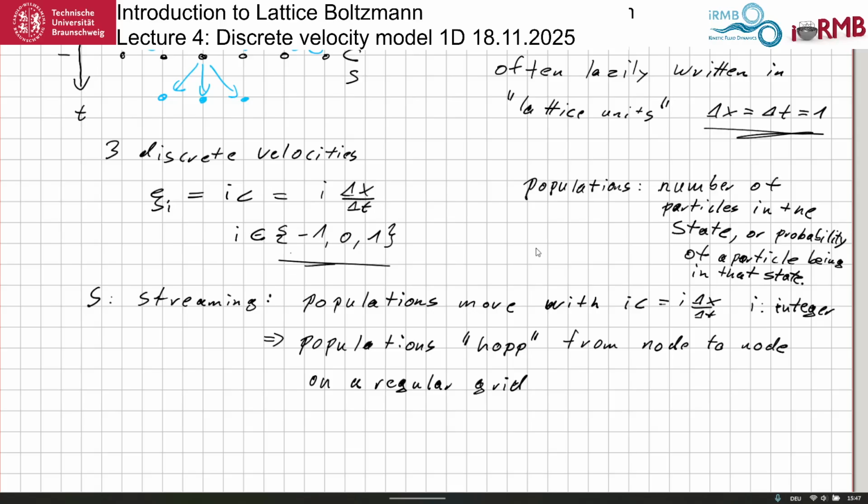Disadvantage, you have to have this specific connection between the velocities and the distance. Yeah, so that you always end up after one time step on a lattice node. So this is the one part of this, and the second part is the collision.